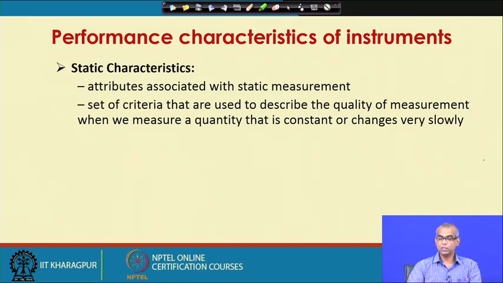It is important to note that it is the measured quantity that remains constant or changes very slowly.